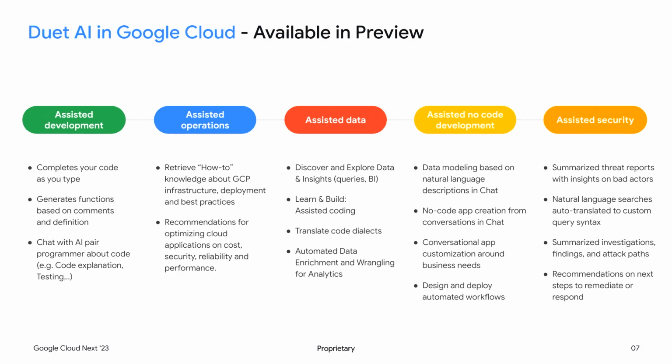The 4th one here is assistive no-code development. This is very focused on the enterprise-to-employee kind of use case. Let's say you are building an internal application for benefits management or some other internal use case.